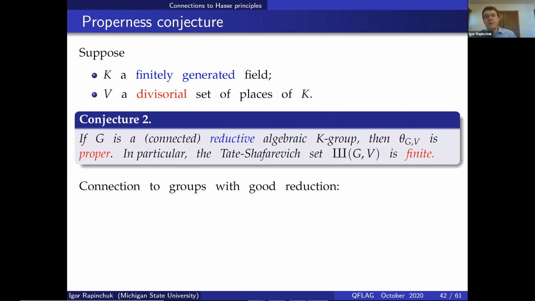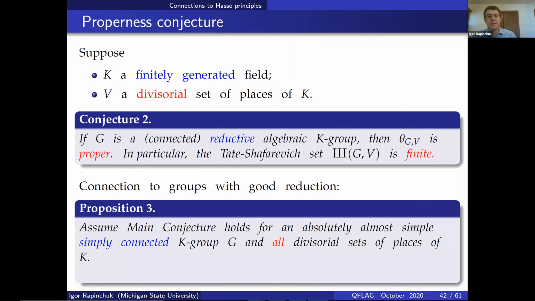But just to finish up this subsection, let me mention the connection to our main conjecture concerning groups with good reduction. The point, roughly speaking, is that the conjecture provides a uniform approach to this conjecture too for adjoint groups. The precise statement looks like this.